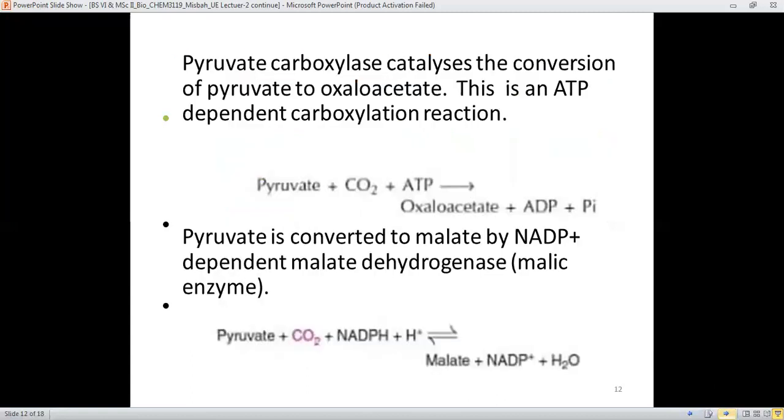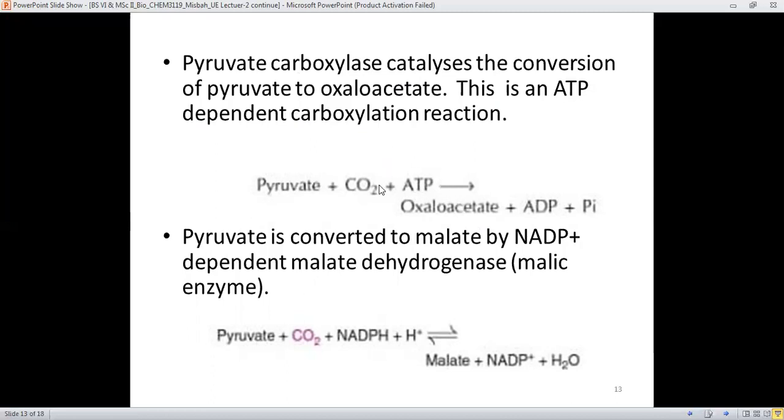One reaction responsible for replenishing the intermediates is by pyruvate carboxylase, which catalyzes the conversion of pyruvate into oxaloacetate. Oxaloacetate is a very important intermediate for carrying out the TCA, and this is an ATP dependent reaction.